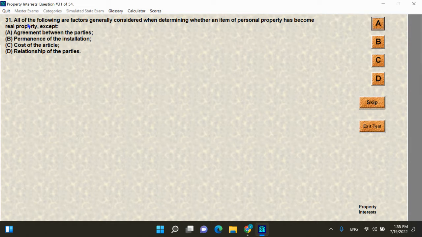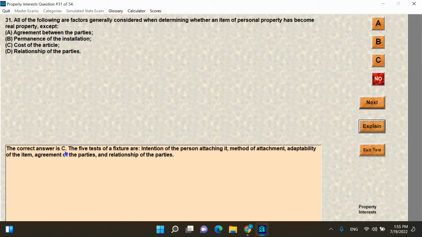Number 31. All of the following are factors generally considered when determining whether an item of personal property has become real property, except A. Agreement between the parties, B. Permanence of the installation, C. Cost of the article, D. Relationship of the parties.